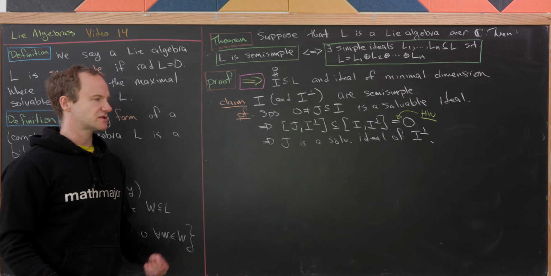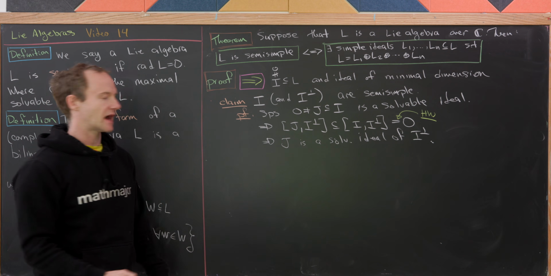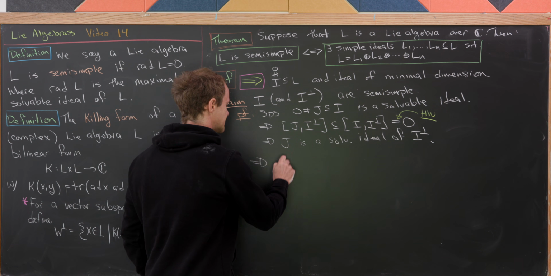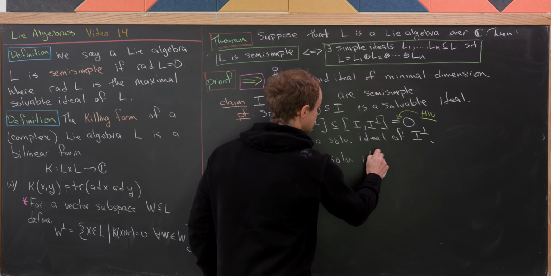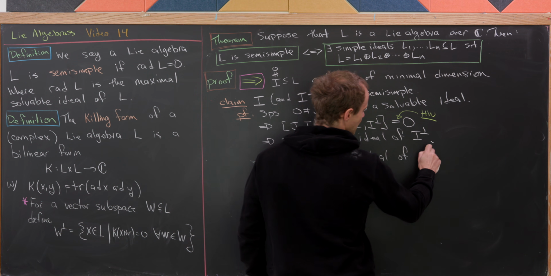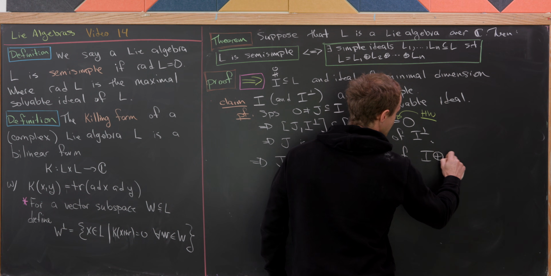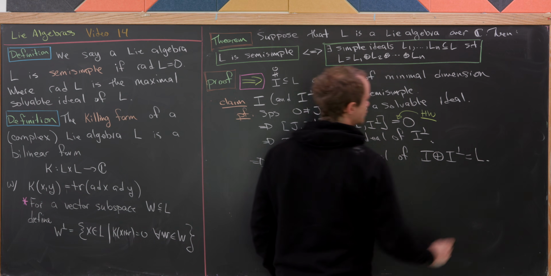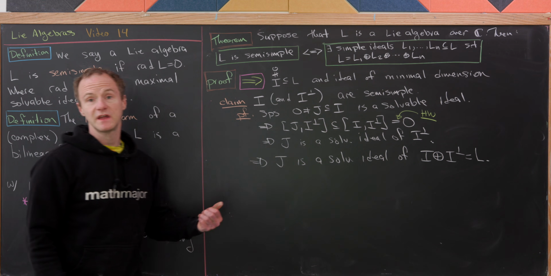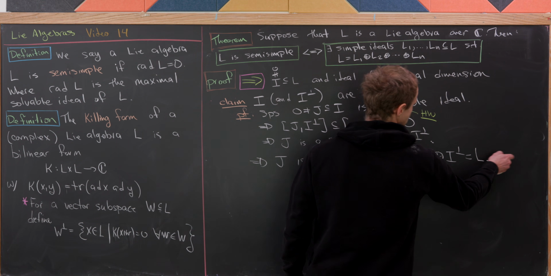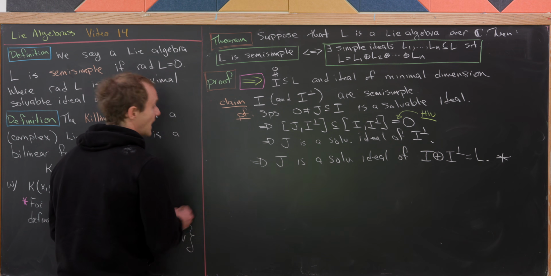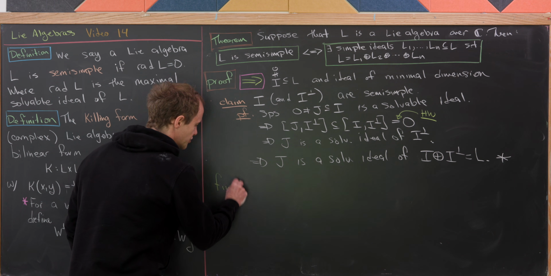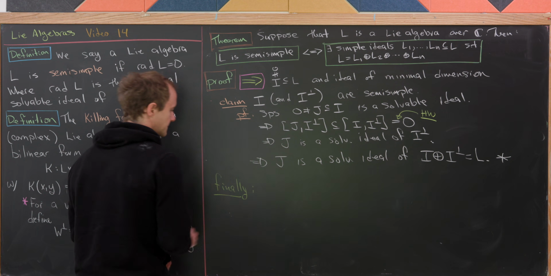But then if it's a solvable ideal of I and I perp, then that means that J is a solvable ideal of I plus I perp, which is equal to L. But then, of course, that is a contradiction. Okay, great.